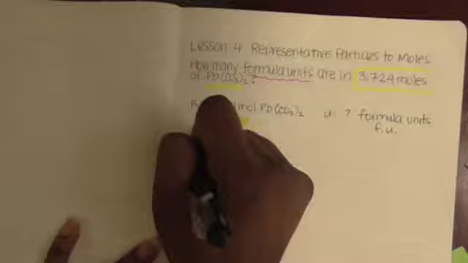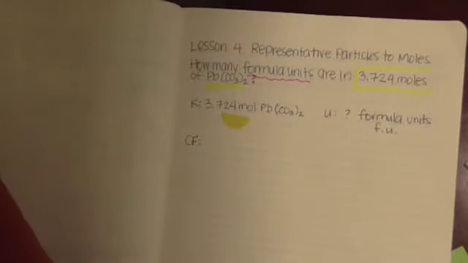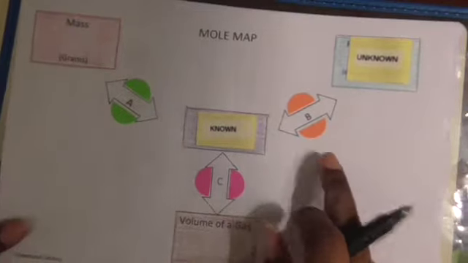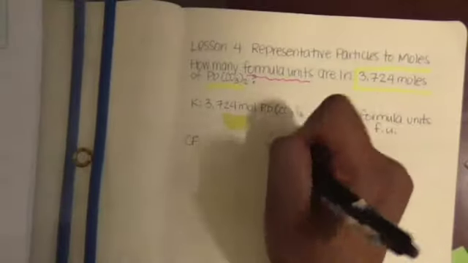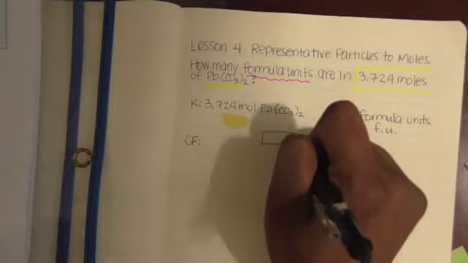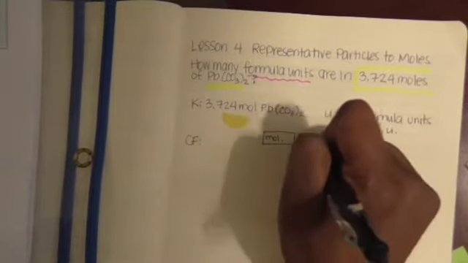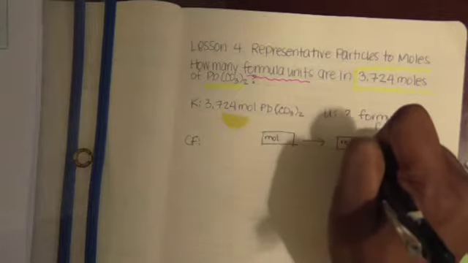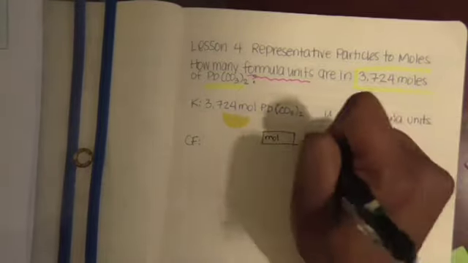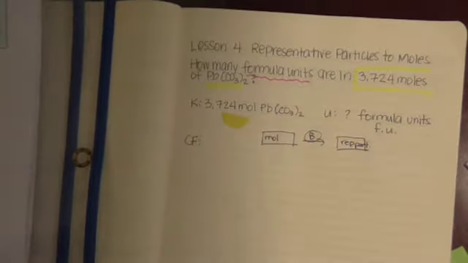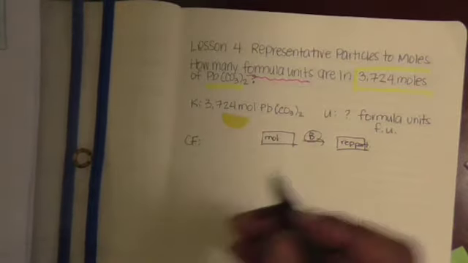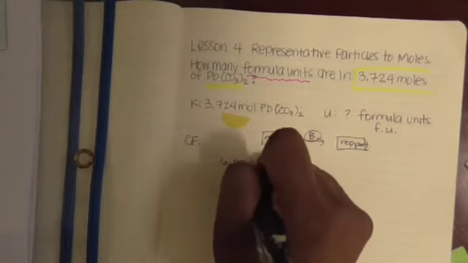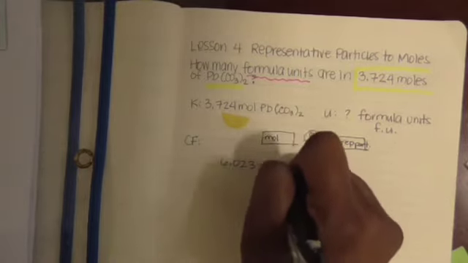Conversion factor. We're going to look back at our mole map here, and we need root B. That's really important. So we're going from moles to rep particles, and we need root B, which in this case is our orange root, and that is 6.02 times 10 to the 23rd.